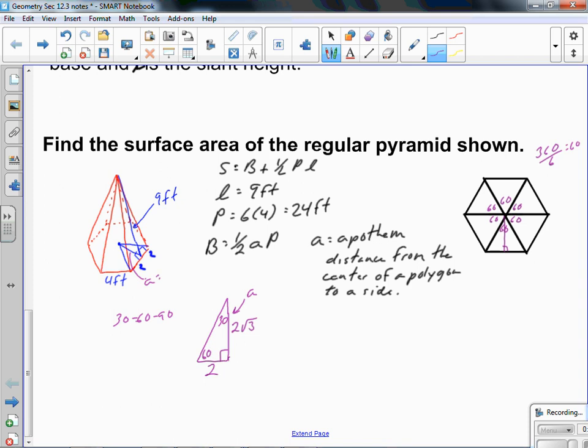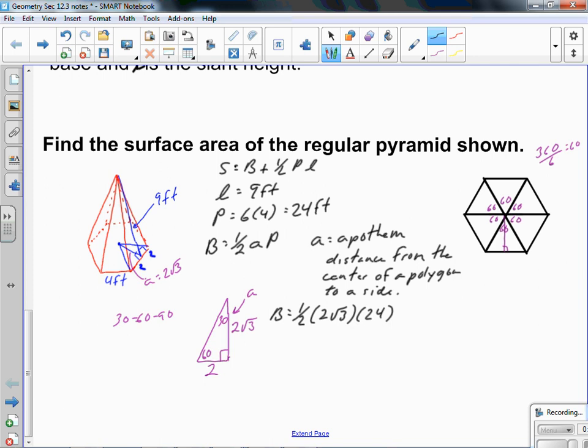So A up here is 2 square roots of 3. So now that we know that, we can go ahead and find the area of the base. So area of the base is going to be 1/2 of the apothem, which we just figured out is 2 square roots of 3, times the perimeter, which we know is 24.